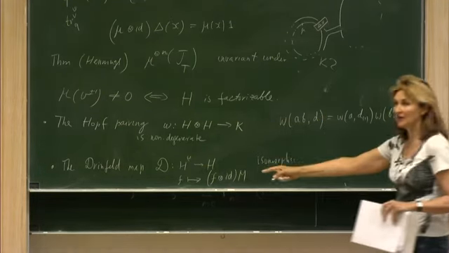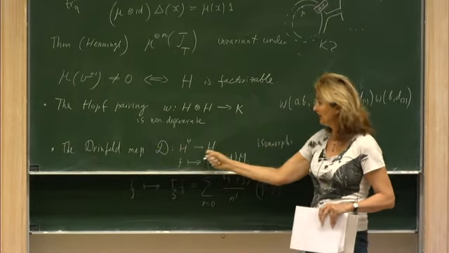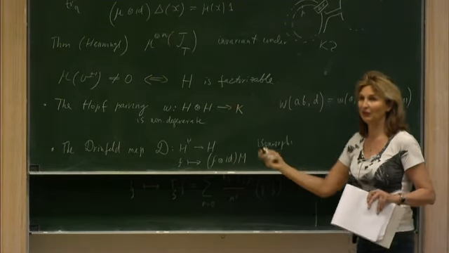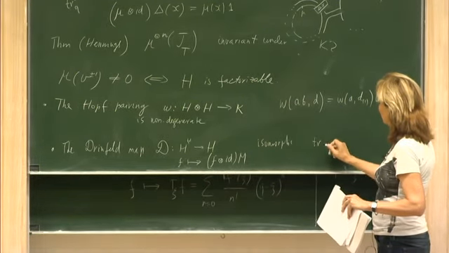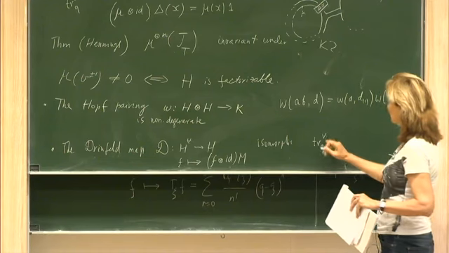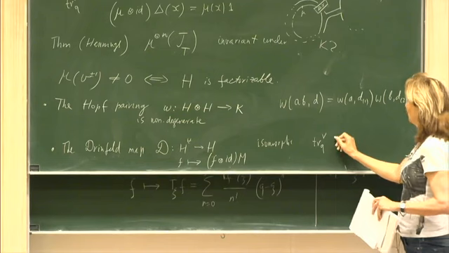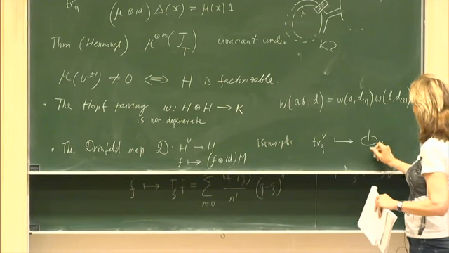This is a very nice map if you restrict here to quantum characters and here to the center. Perhaps you have seen this. If you take the quantum character for the representation V, then according to this Drinfeld map, you send this quantum character to the central element which you get from the Hopf link.